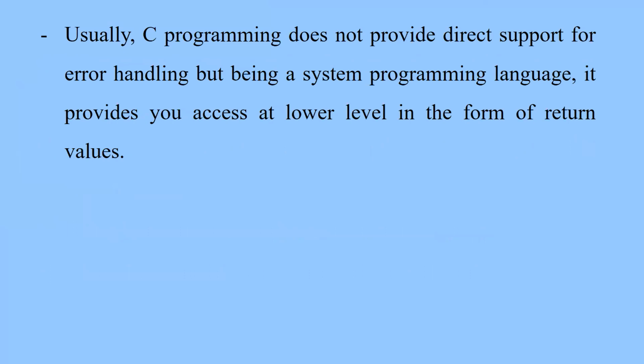Usually, C programming does not provide direct support for error handling, but being a system programming language, it provides you access at a lower level in the form of what we call return values.